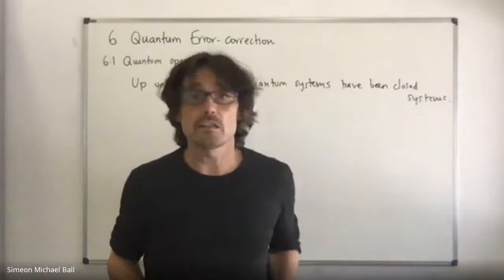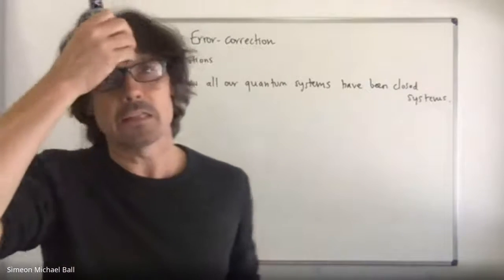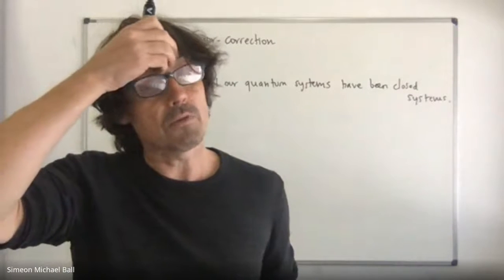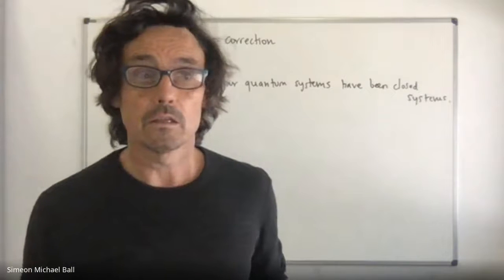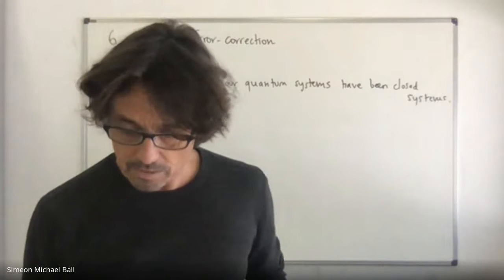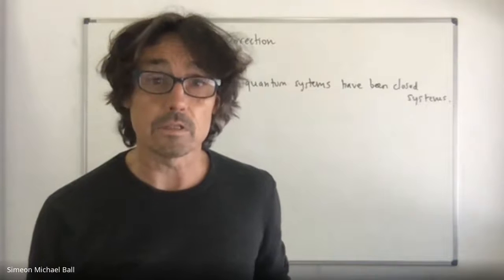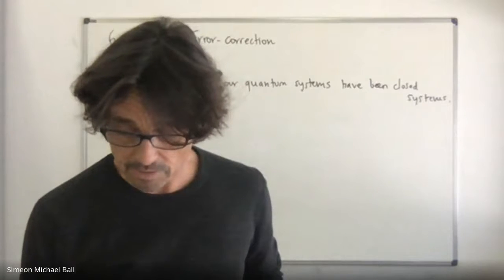But this is not the case in reality. We cannot have a closed system. In fact, if we, for example, want to make a measurement, then it's inevitably going to be some environment involvement in that measurement.